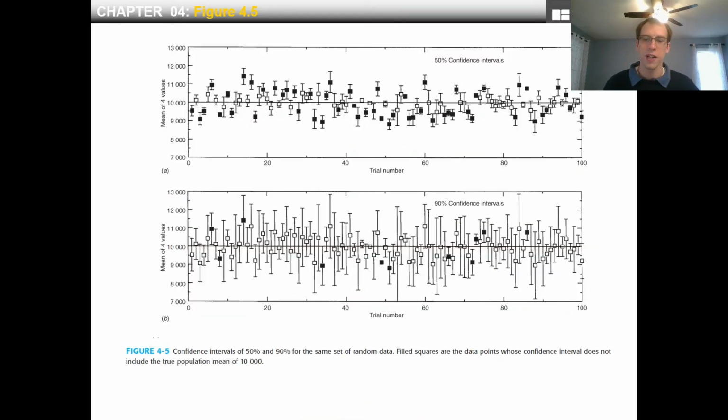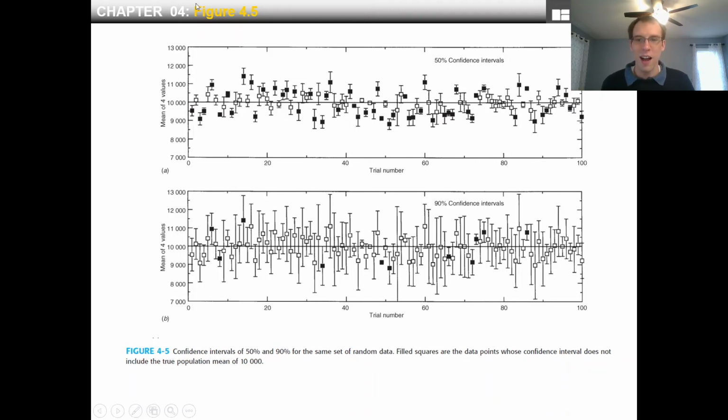This is figure 4-5, and this is illustrating different confidence intervals for a set of random data. This is a bunch of random data that was generated in sets of 4, and the four values were averaged. The way the data was generated, the true mean is 10,000.